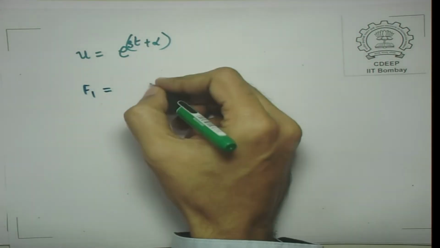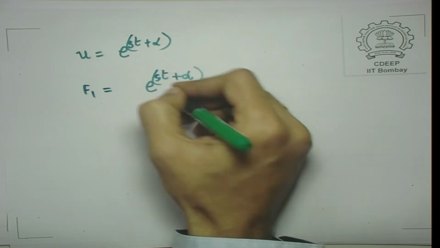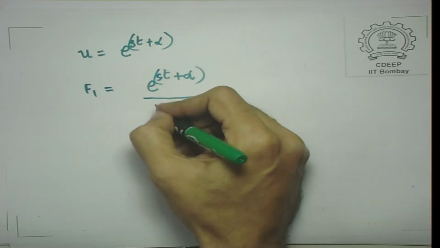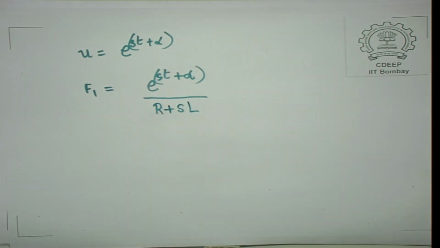In fact, as I mentioned, another class of inputs, or a more generalized form of what we have discussed so far, is to consider an input e raised to st plus alpha. If you have e raised to st plus alpha, the forced response here is equal to e raised to st plus alpha divided by R plus SL.